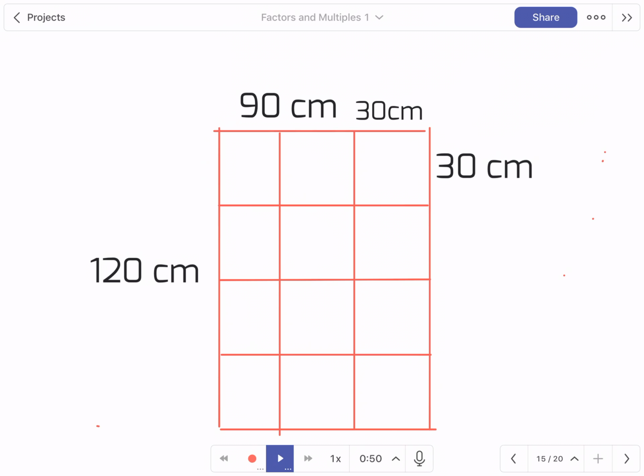So the total number of tiles is 3 times 4, which is 12. 1, 2, 3, 4, 5, 6, 7, 8, 9, 10, 11, 12. So 12 square tiles will be required to cover the 90 centimeter by 120 centimeter wooden floor.